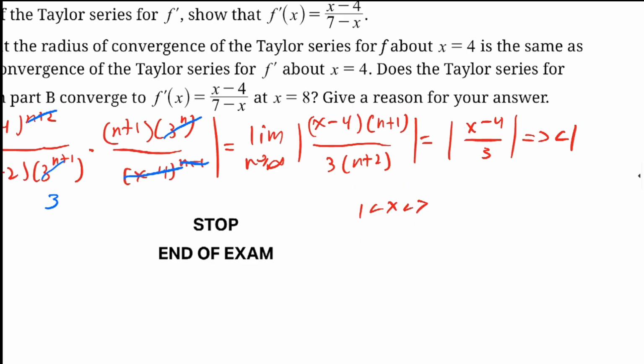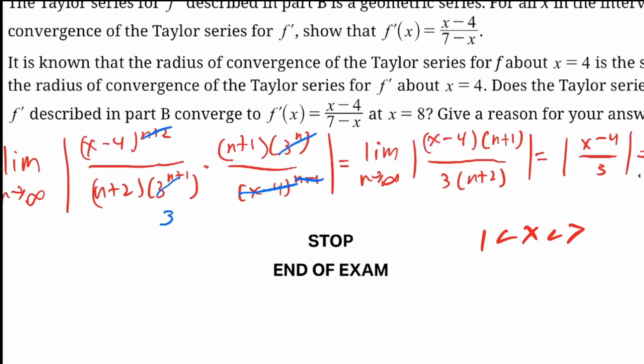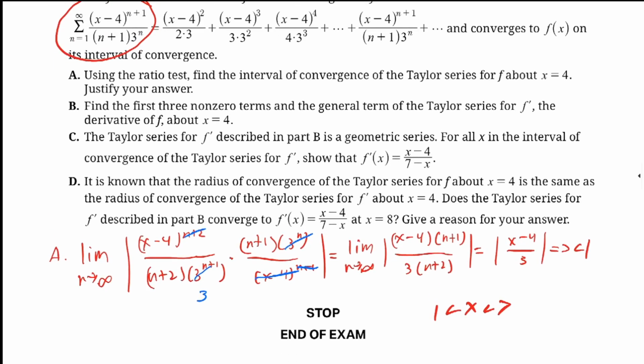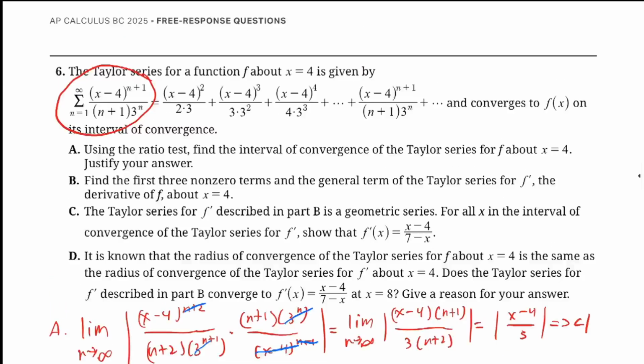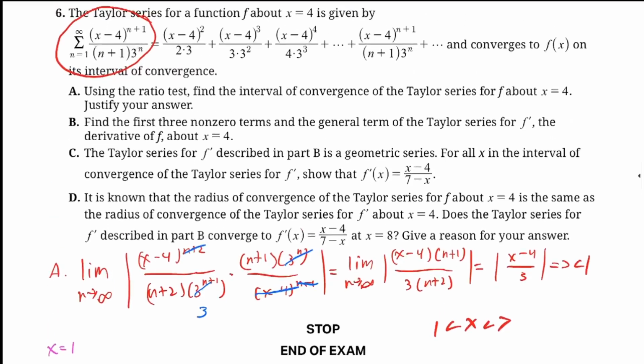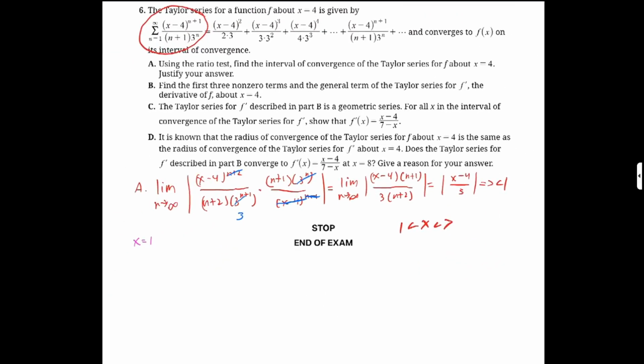To see if the endpoints here at 7 and 1 are included in the interval, we have to plug 1 and 7 into the original series, okay? So I'm going to do this part in pink. Let's look at the case when x is equal to 1. For the summation, it'll be the infinite sum from n equals 1 to infinity.